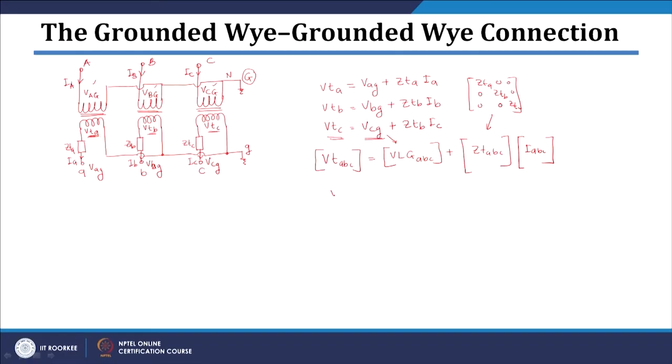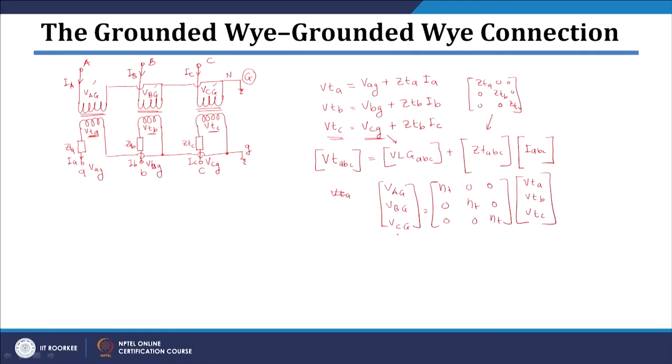So, I can easily write, VAG, VBG and VCG capital, they will be just equal to turns ratio multiplied by your terminal voltages, those are basically VTA, VTB and VTC.